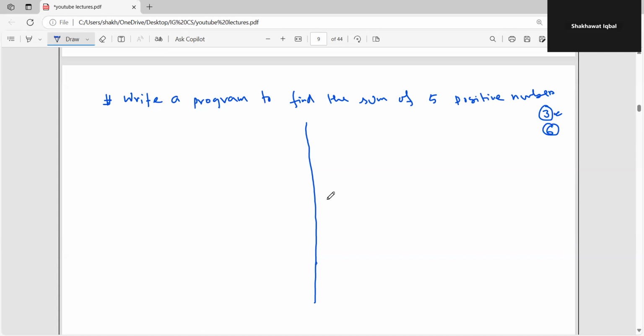Good. But you see, the user, for example, think that user, he doesn't know what does it mean by a positive number. He just knows the number. Okay. So he can give negative numbers also, or he can give 0 also as an input, but which is not accepted. So I don't want the user to lose any number. Okay. So I want the user to give 5 genuine positive number.